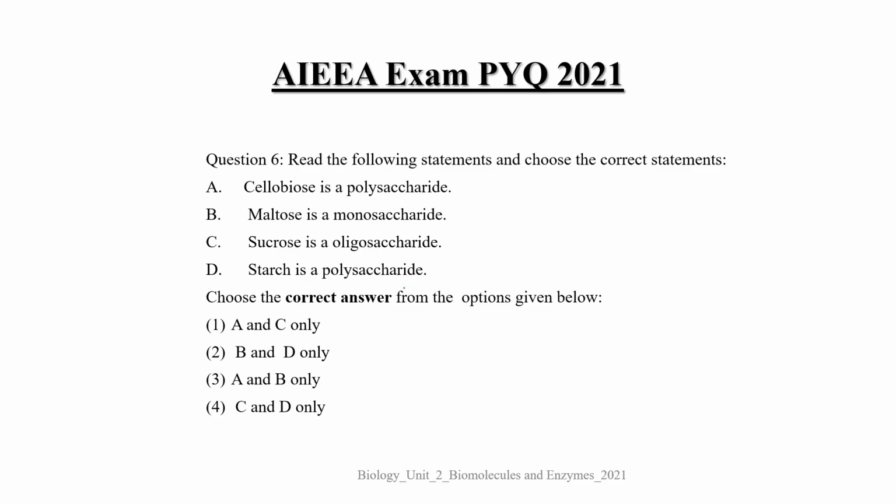We have to choose the correct answer from the options given below, meaning some statements are true while other statements are wrong. Take 10 seconds and after that we will discuss the correct option.